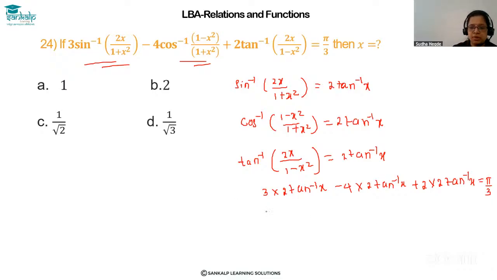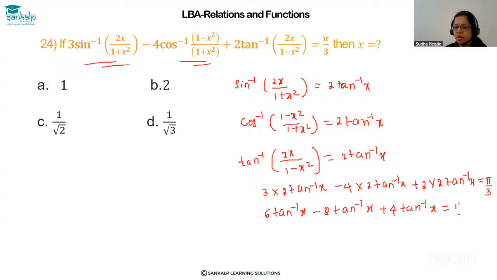So simplify further. 6 tan inverse x minus 8 tan inverse x plus 4 tan inverse x is equal to what? RHS, that is given. It is pi by 3.